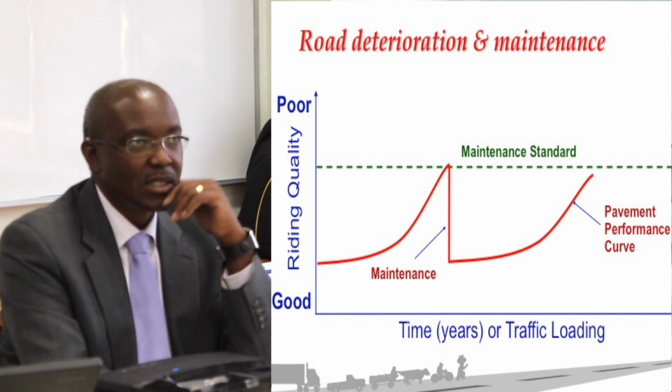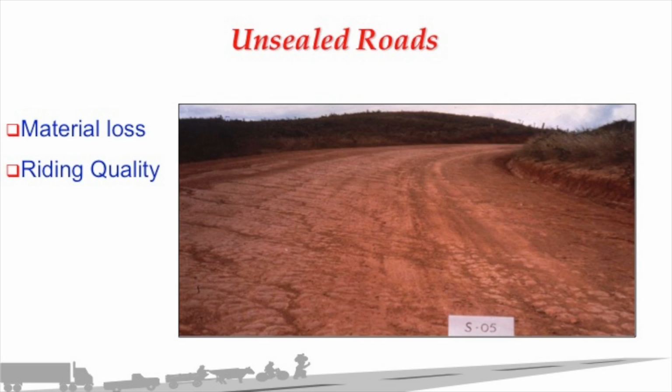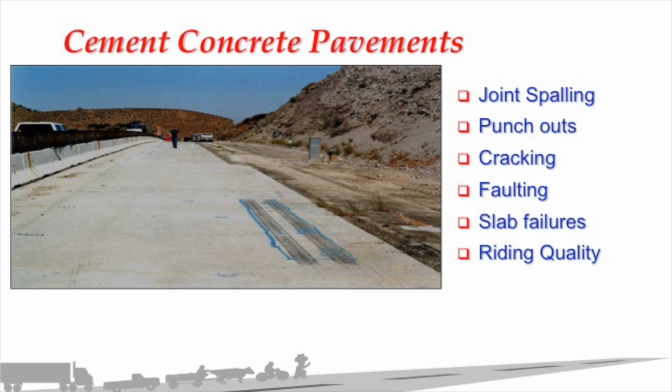So typical pictures of what we do. This is what we call a gravel road or unsealed road, where it starts off in fairly good condition, and if you go to the remote areas of Georgia, you'll find some of these types of roads that don't have a paved surface. Okay, and here we're measuring the riding quality. We have a concrete pavement, cement concrete, I should say, which again is fairly new, but over time will deteriorate.